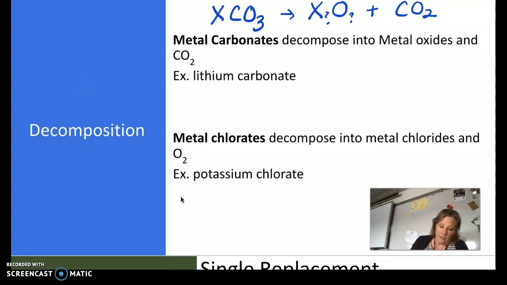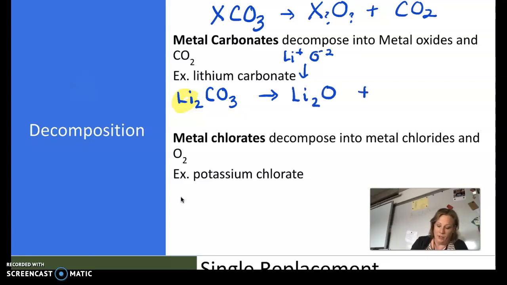So, for example, lithium carbonate. Lithium is +1, carbonate's -2. So I know that the metal, which is lithium, is going to go with oxygen. So I'm thinking, okay, lithium's plus, it's going to go with oxygen. So then my formula would be Li2O.